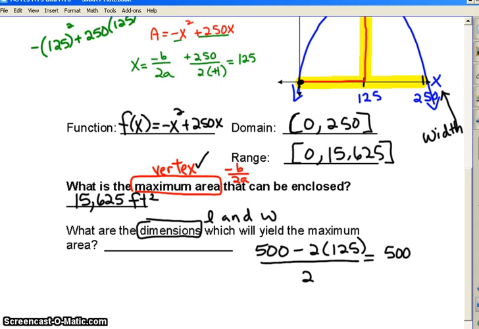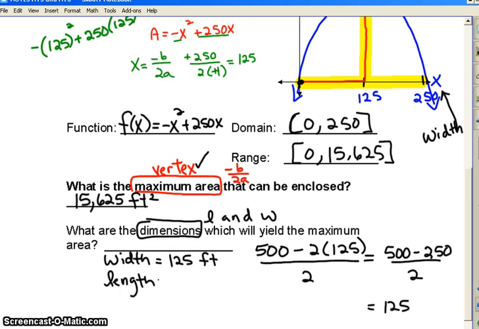That's 500 minus 250 divided by 2, which is 125. So when the width is equal to 125 feet, the length is equal to 125 feet as well. The dimensions would be written like 125 by 125.